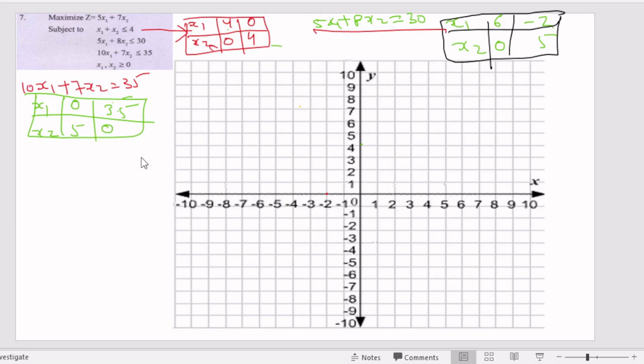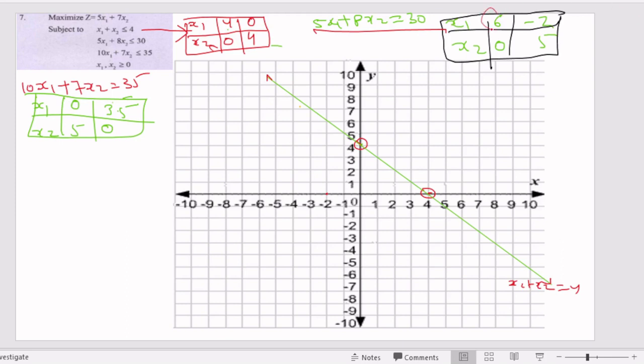Let's draw the lines. For the first one, when x1 is 4, x2 is 0, so exactly this point. And when x1 is 0 and x2 is 4, then exactly this point. Let's draw this line. This line has been drawn, and the name of this line I have written: x1 plus x2 equal to 4. Similarly, we have to plot the two points of the other equation and draw the line.